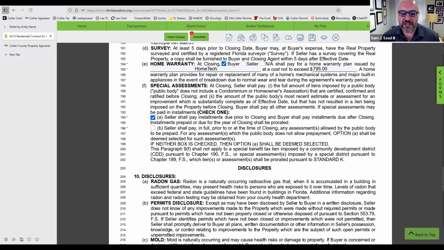So there's a lot of special assessment areas. If you're in Cape Coral, you've got your water sewer assessments. So you want to know who's going to pay for those and when. So don't skip line 194 and 196. This is a matter of negotiation. It can be a lot of money, so make sure you're paying attention to it.